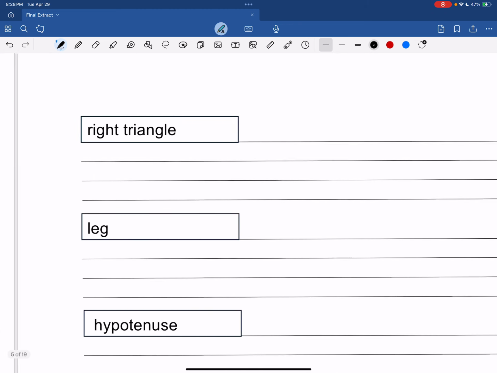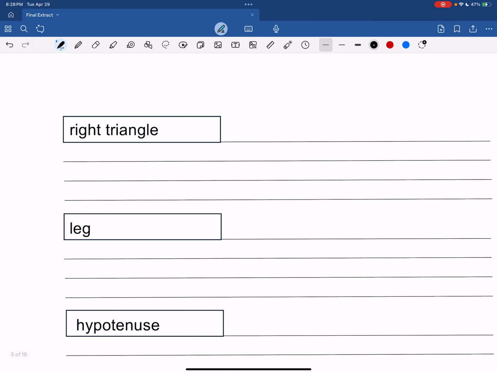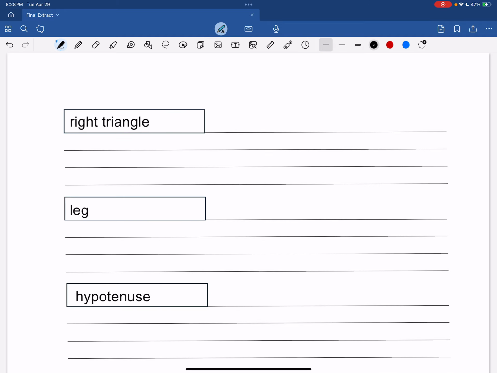Okay, page 15. I should have put this term first, but I didn't, so we'll do it here. A right triangle is any triangle with one 90-degree angle and two acute angles.